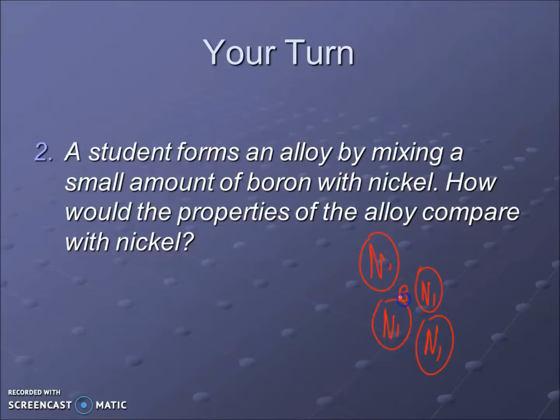So when we make an alloy with nickel and boron, the boron is a lot smaller, so it's going to come in here and fill in the gaps. And so because of that, we are going to have an interstitial alloy. And hopefully you wrote that down in your answer. And because it is an interstitial alloy, that means it is going to be a lot less malleable than just nickel by itself.